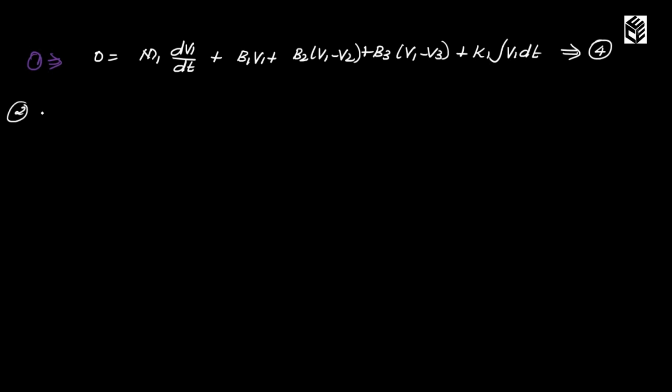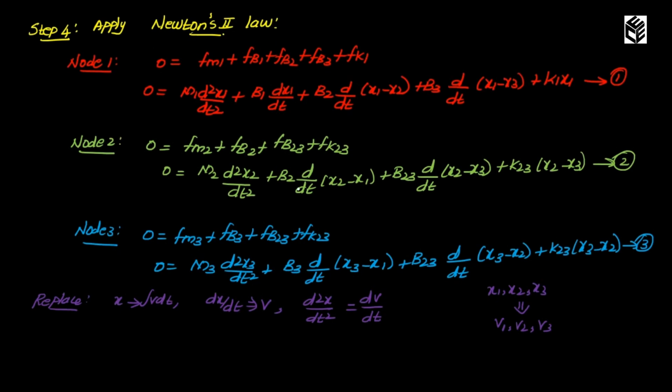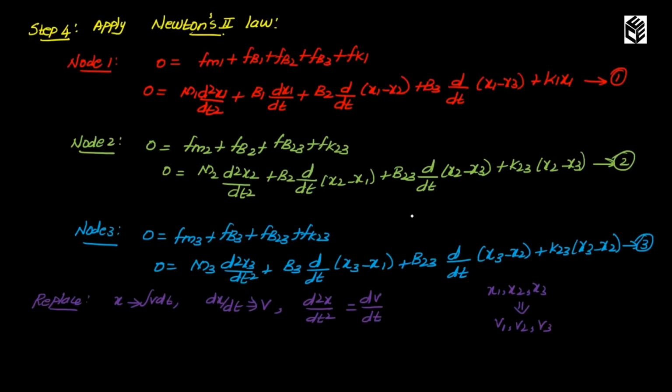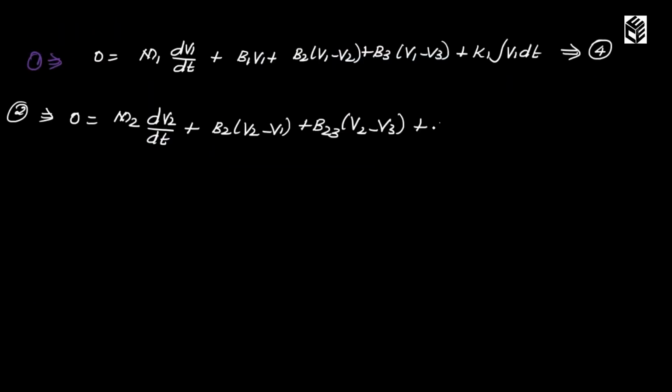Similarly, my second equation becomes 0 is equal to m2 into dv2 by dt plus next element is b2, so b2 into (v2 minus v1). Next is b23, so plus b23 into (v2 minus v3), plus next element is k23, k23 into integral of (v2 minus v3) dt.